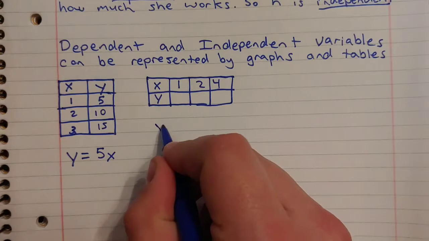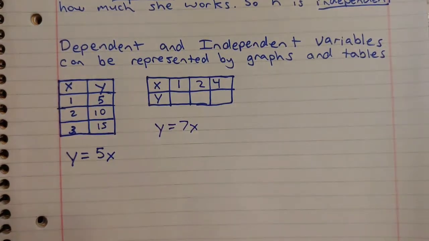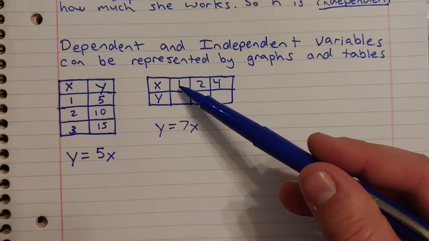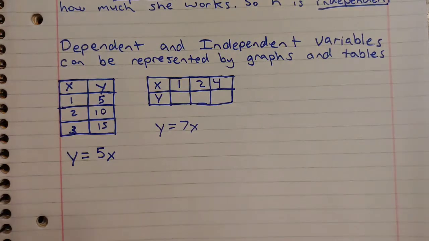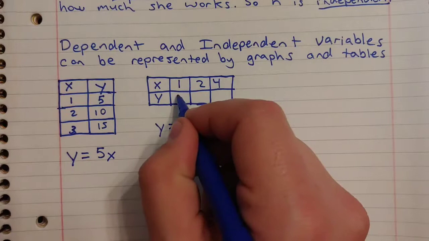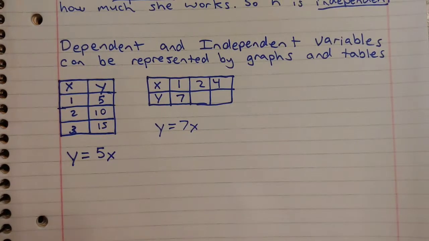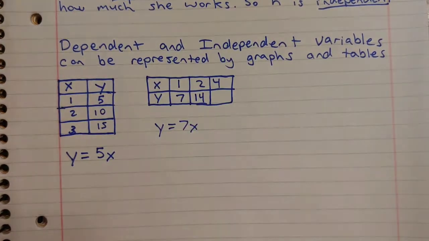This time, let's let y equal 7x. So if y is 7x, x is 1, we're going to substitute. 1 times 7 is 7. 2 times 7 is 14.